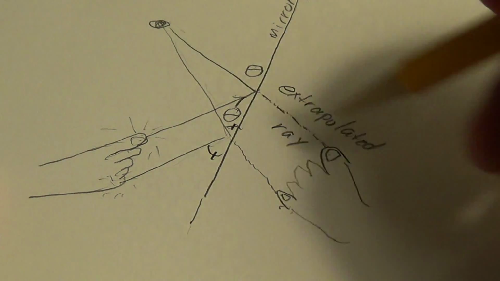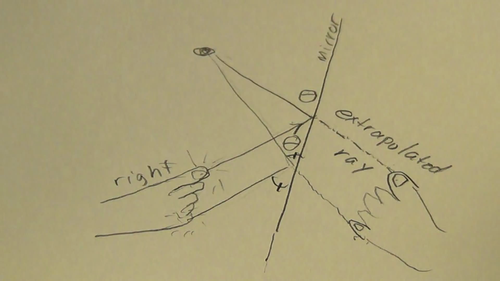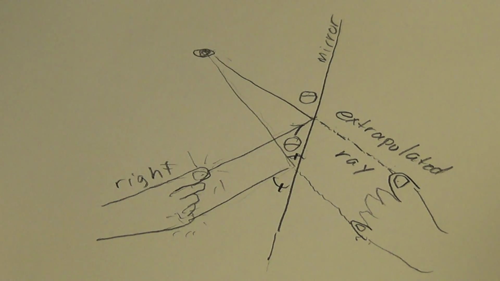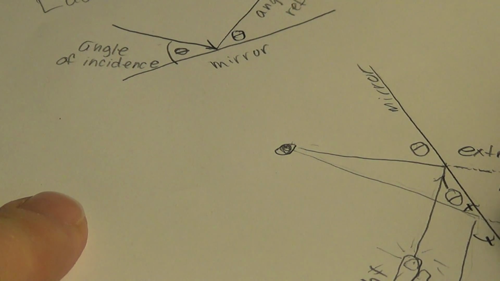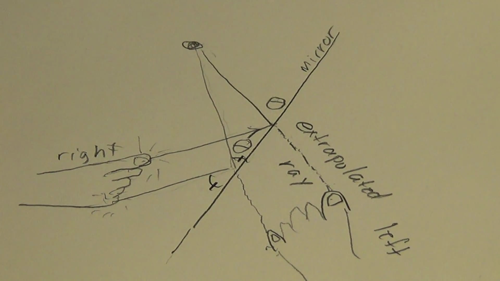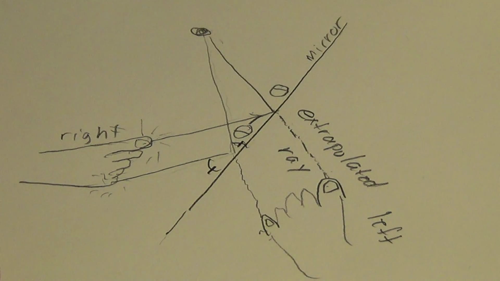However, it's supposed to look identical. This, you'll notice, is a right foot, but this, because of how that extrapolation worked, is a left foot. So that's why everything looks backwards in the mirror. Your left looks like your right, and your right looks like your left.